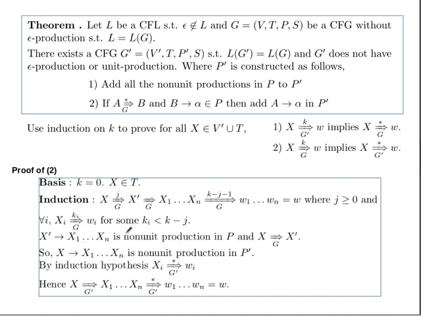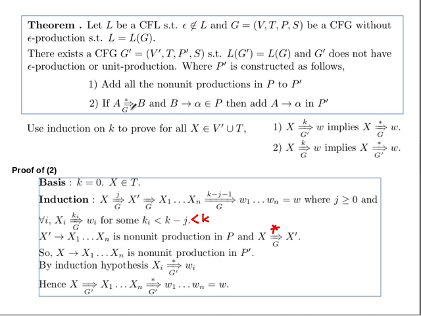Okay. So yeah, this is less than k, and as I said, this is a non-unit production in P, and you see that again there should be a star here. So this is also happening in this G. So that means we have this thing as a non-unit production in P prime. Okay.